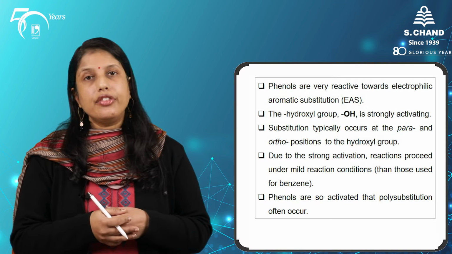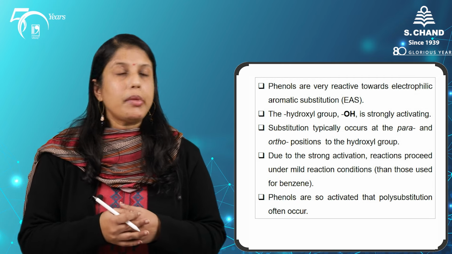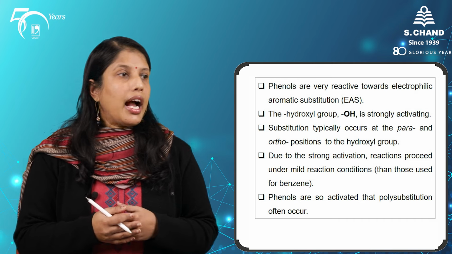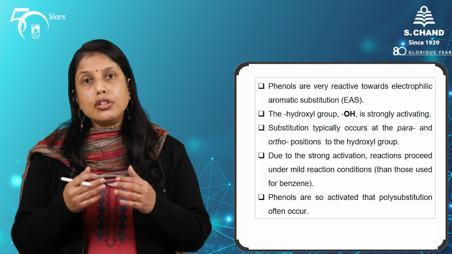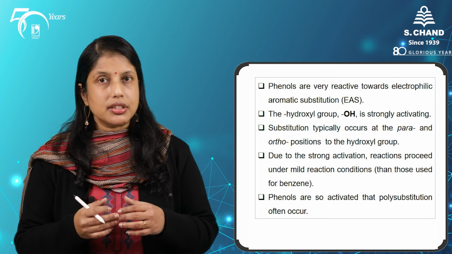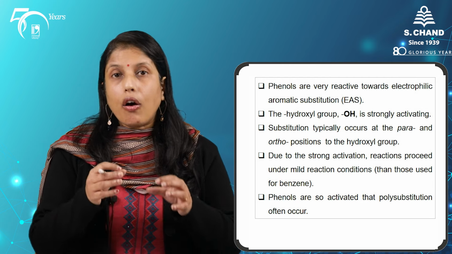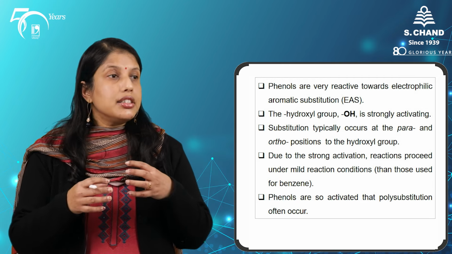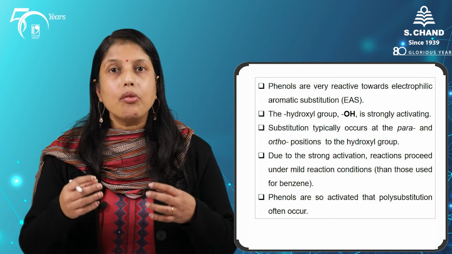Many of the important reactions of phenols are derived from the aromatic character. And so, similar to benzene, phenol will also undergo electrophilic substitution reactions. But in fact, electrophilic substitution on phenols is going to be much easier than benzene. Why?